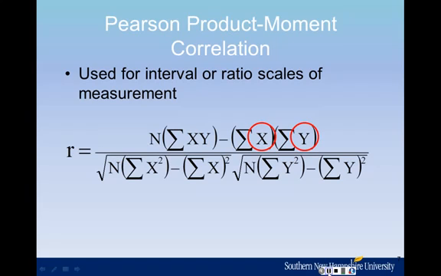It's really beyond the scope of this class to talk about how this formula was developed. Clearly someone with way too much time on their hands came up with this. But you can see the presence of x and y in this particular formula in the numerator. And then in the denominator, there are two separate phrases here, both underneath a square root. One is for x and one is for y.